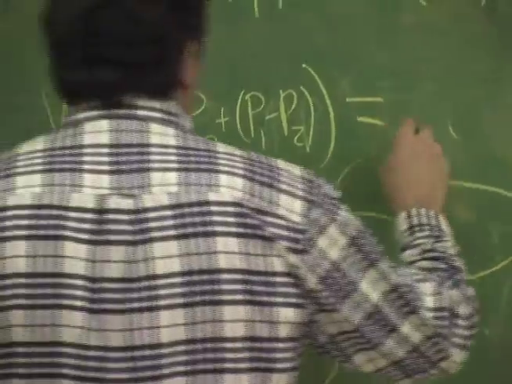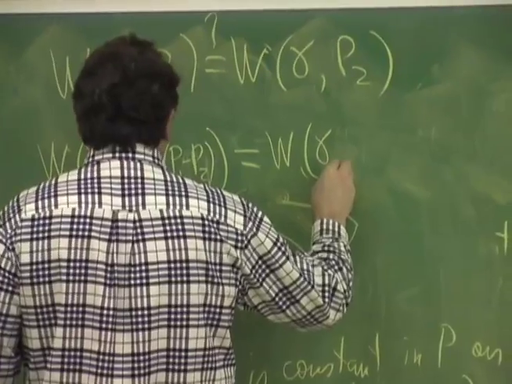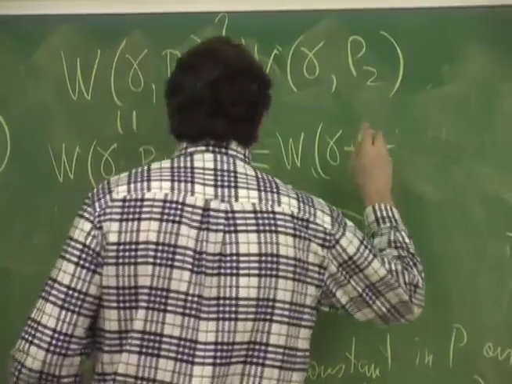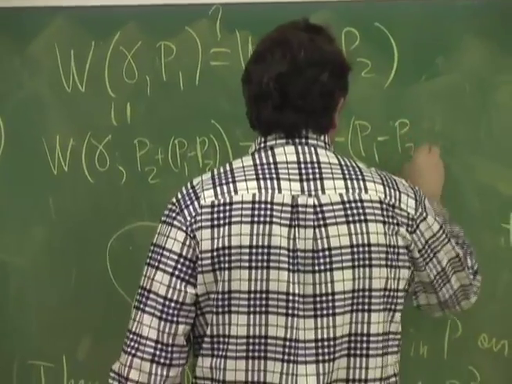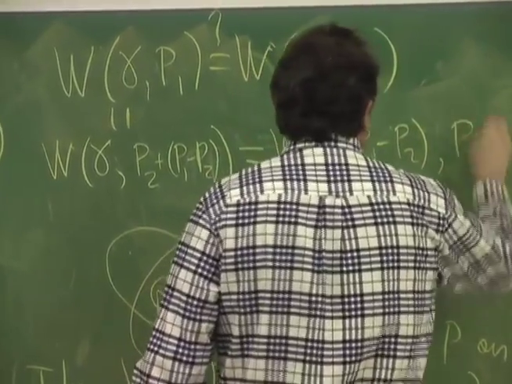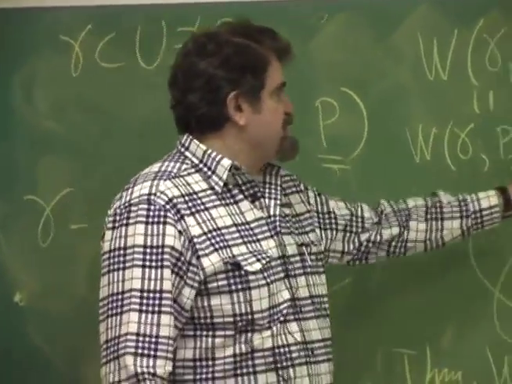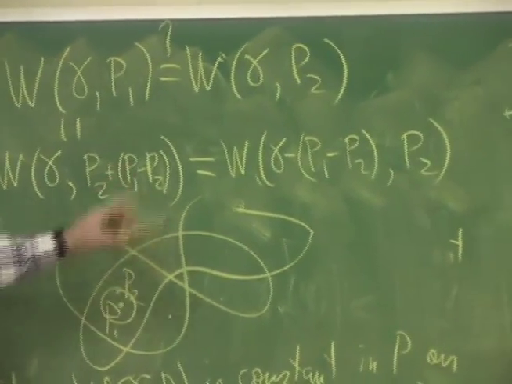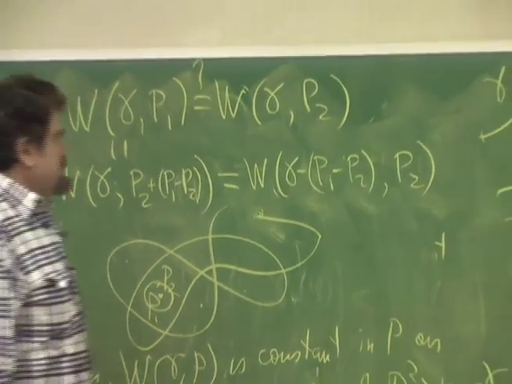Correct? Addition of points as addition of vectors, if you wish, or complex numbers. Which is the same as gamma plus P1 minus P2. You remember I said that I can shift everything. Let me shift both sides by this vector backwards. Okay?